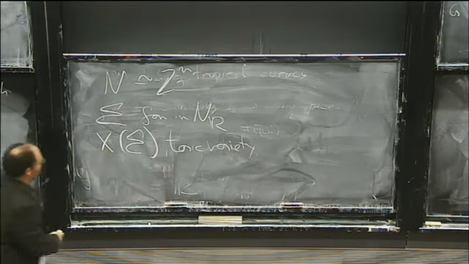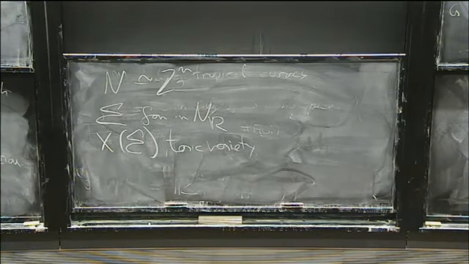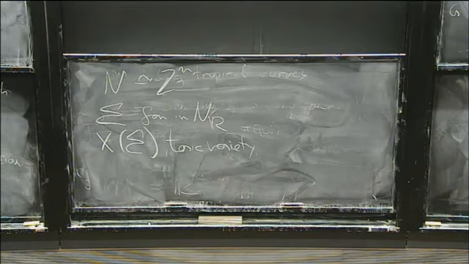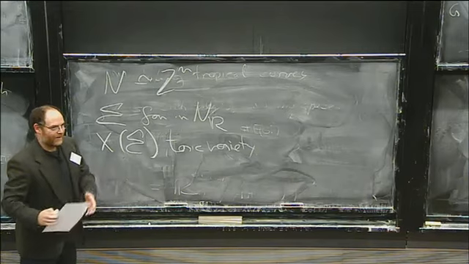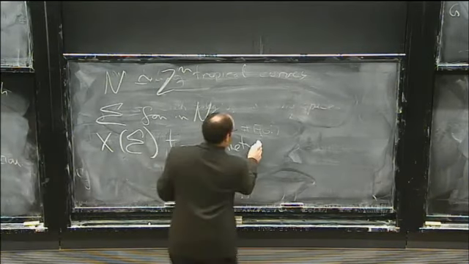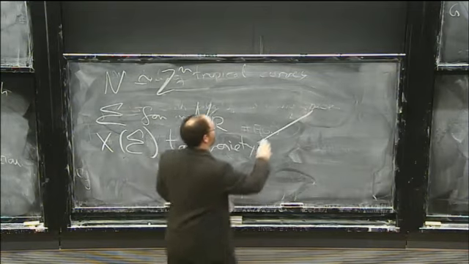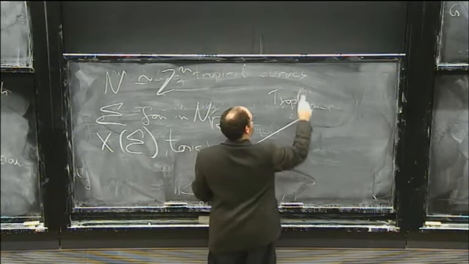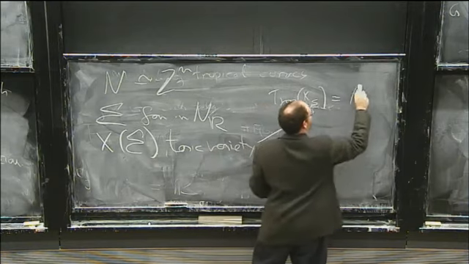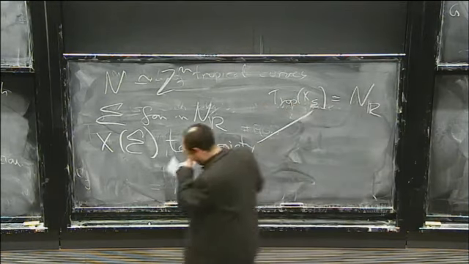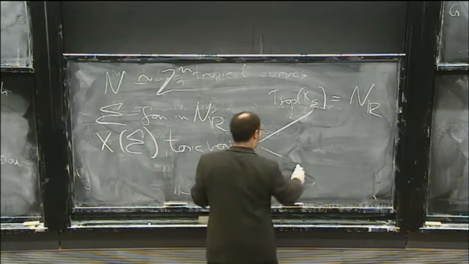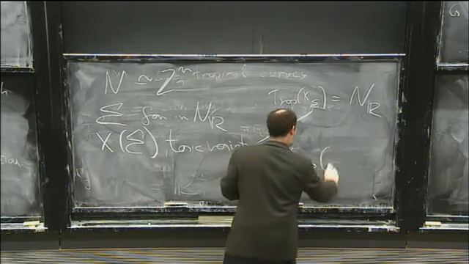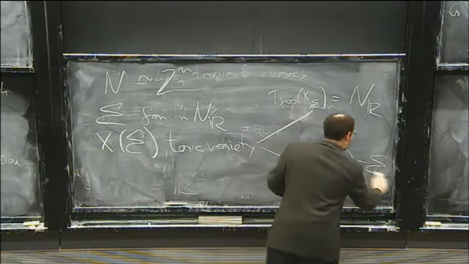At this point, if I understand correctly, there's a slight disagreement in the tropical world. There's one group that will say that tropicalization of the toric variety is one thing, and another group that will say it's another thing. The most common thing you'll see is that the tropicalization of the toric variety is just this vector space. But some other people will insist that it should be sigma.